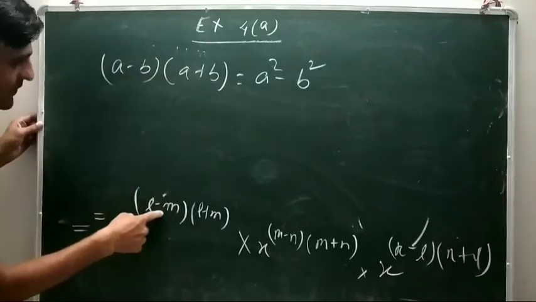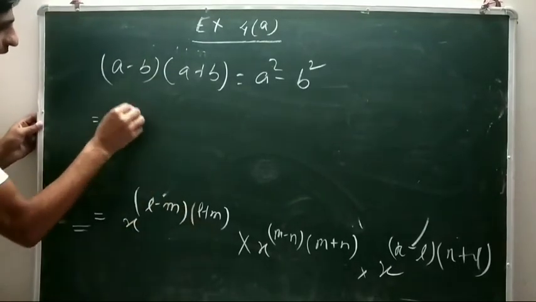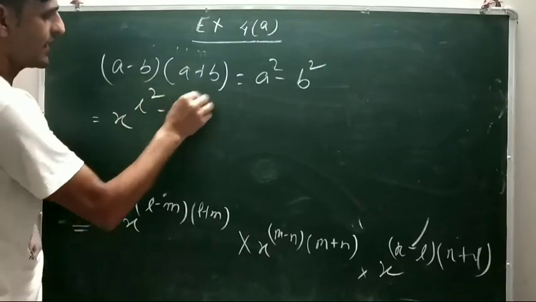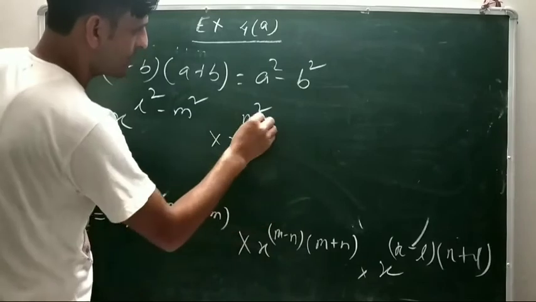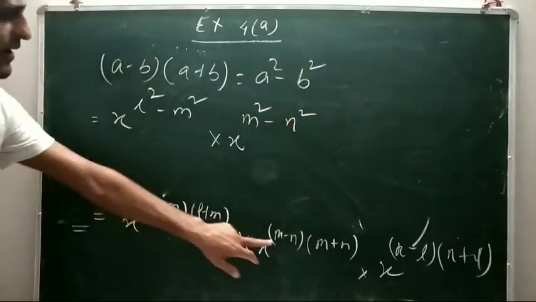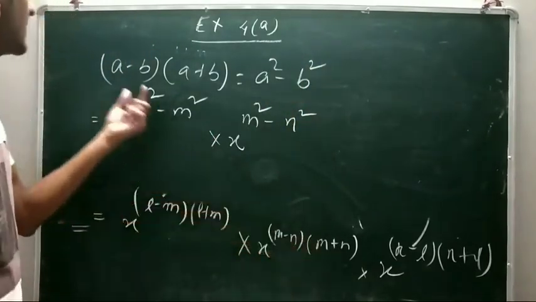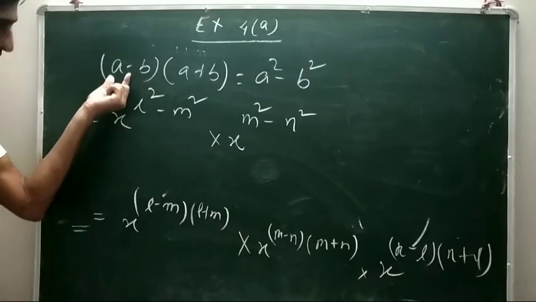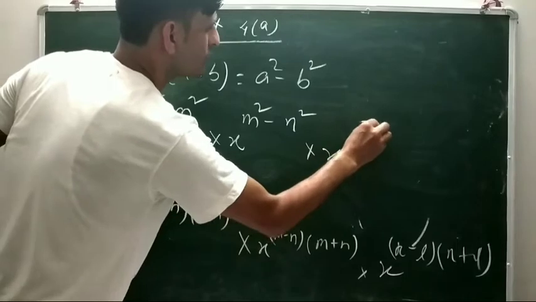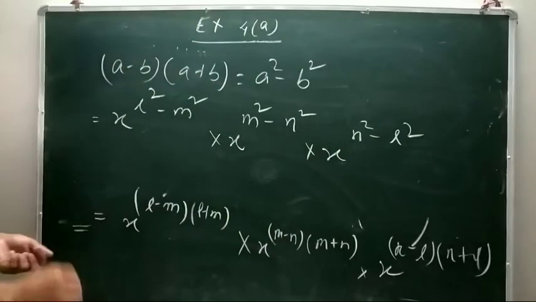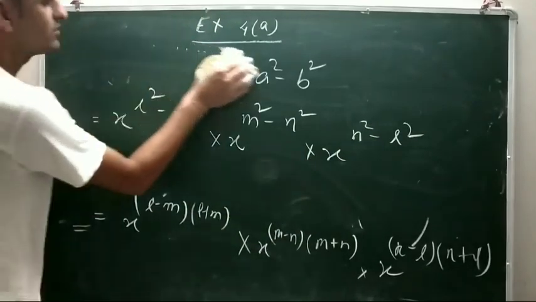L minus M, L plus M means it will be L square minus M square. Again, x to the power M square minus N square, see, M minus N, M plus N. Again here also x to the power N square minus L square. Up to this we got.